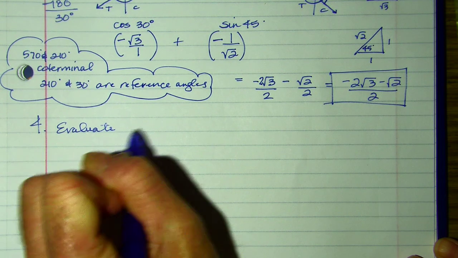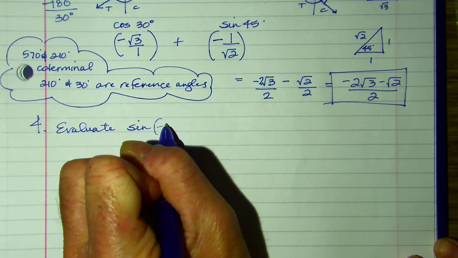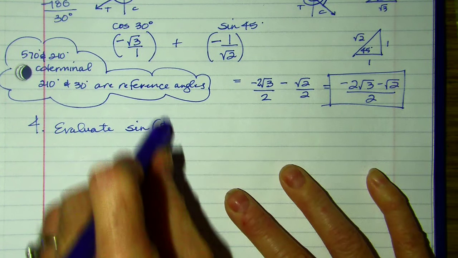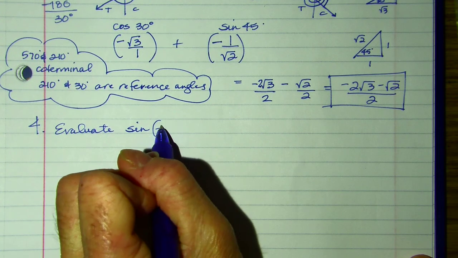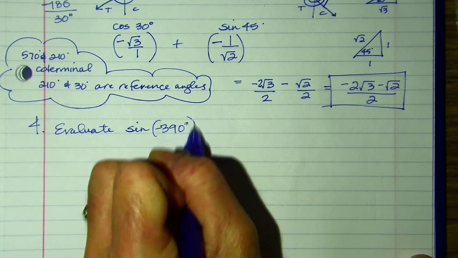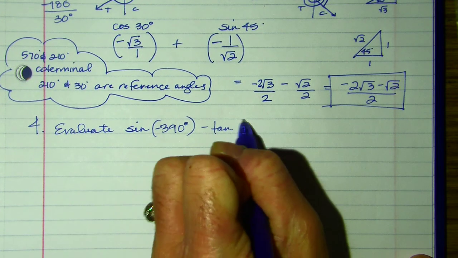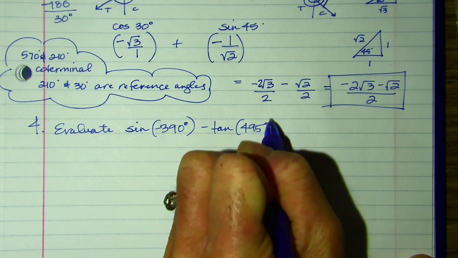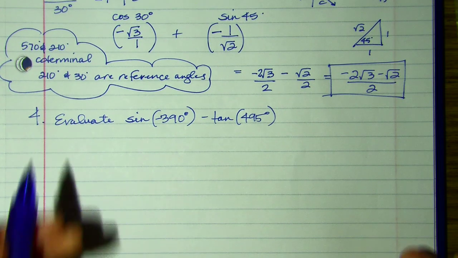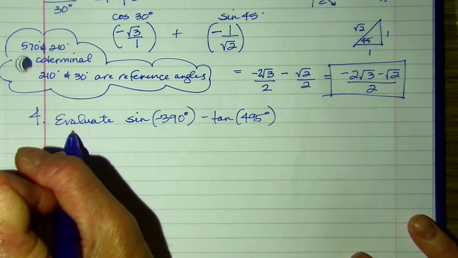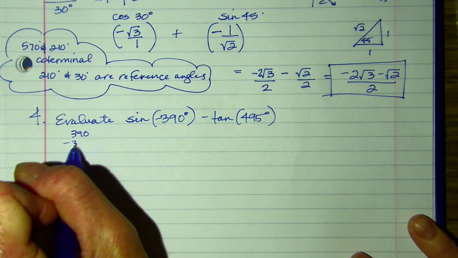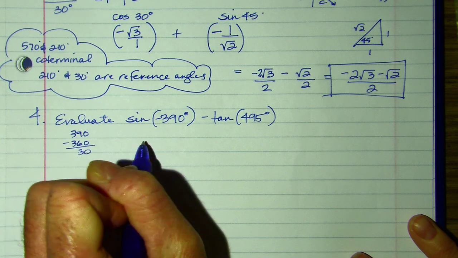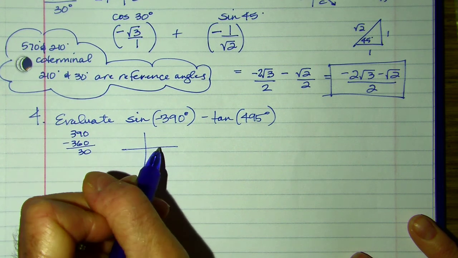Evaluate the sine of negative 390 degrees minus the tangent of 495 degrees. All right, so I know that 390 minus 360 would give me 30 degrees. So when I draw a picture, I am negative, so I'm going clockwise.